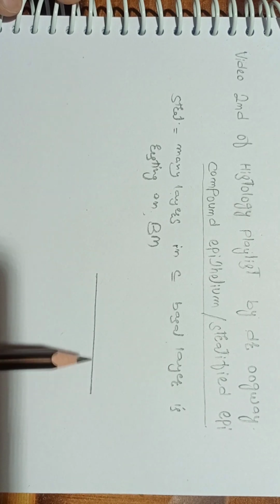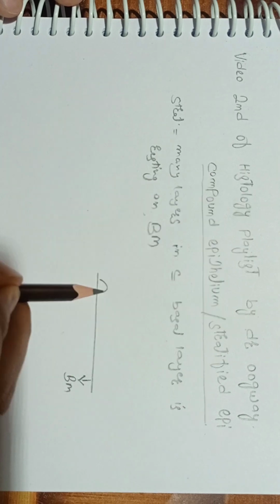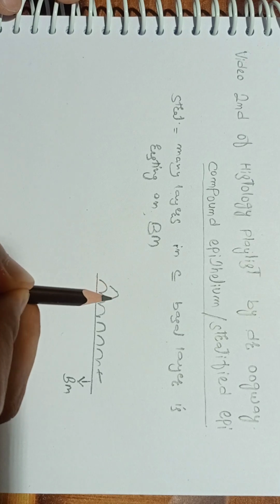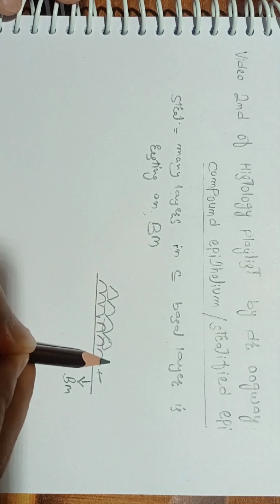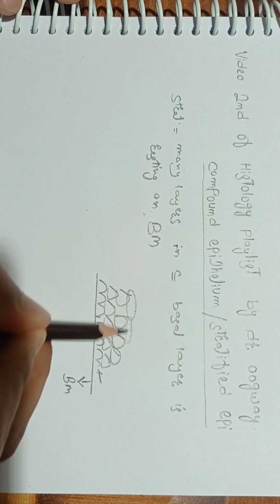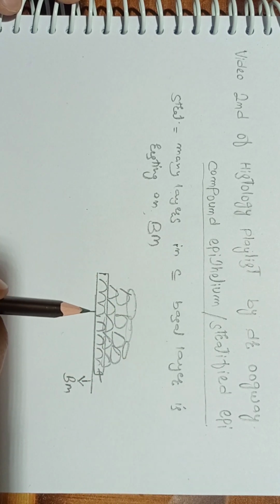If this is the basement membrane, then there are many layers of cells. This is the first layer, then we have the second layer of cells, then the third layer, similarly the fourth layer of cells accordingly. But the basal layer is resting on the basement membrane.